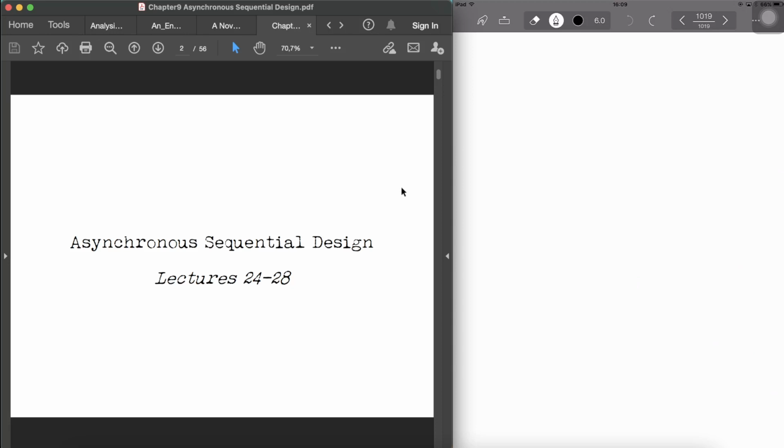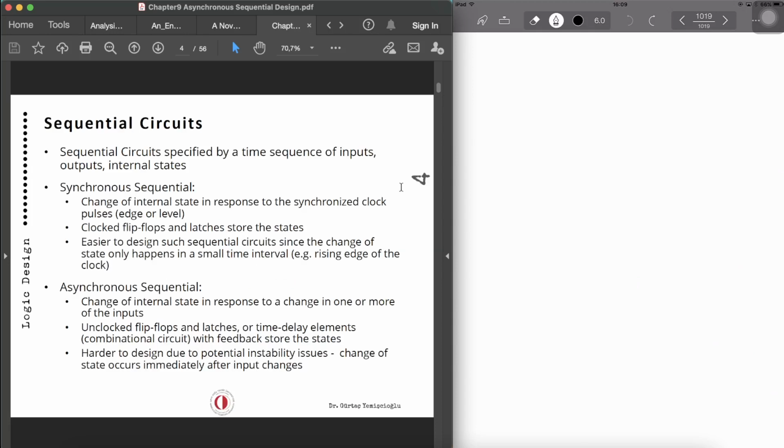Okay, so let's see the differences. The synchronous sequential circuit: change of internal state in response to a synchronized clock. Clocked flip-flops and latches store the states. It is easier to design since the change of state only happens in a small time interval.